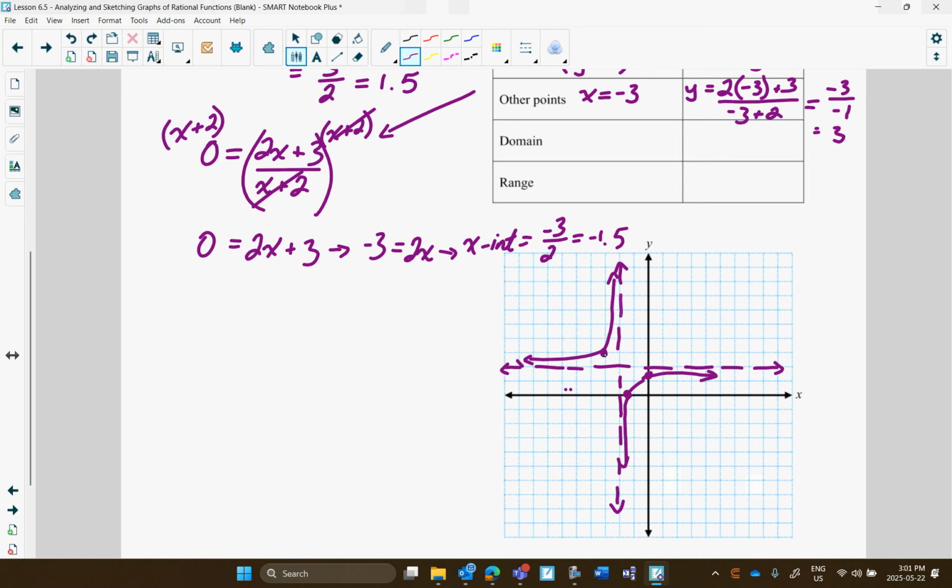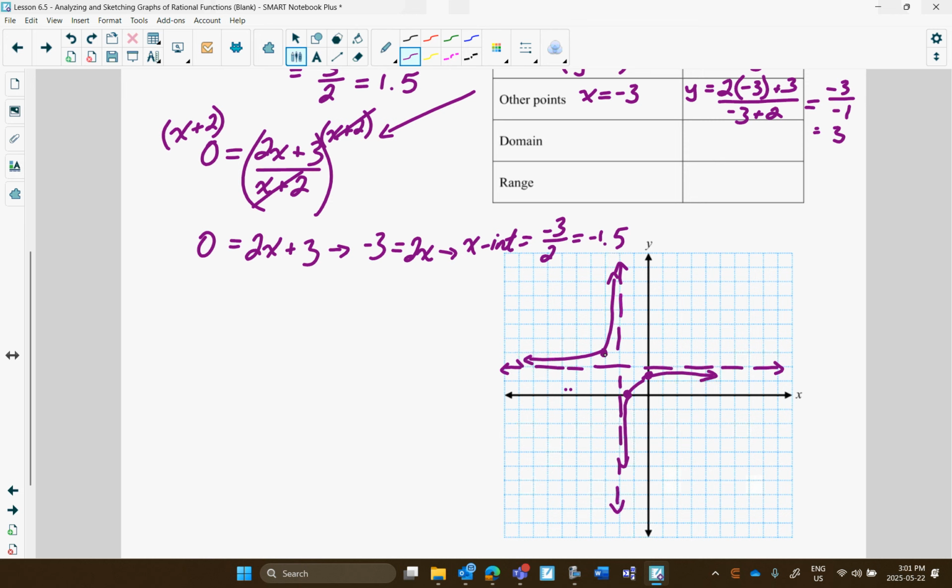Domain. Remember we said with this one, let's not write what the domain is, let's write what it isn't. So what x can be, and remember, we go to the left forever, we go to the right forever. But there's one x value we don't touch. Goes to the left forever, doesn't it?